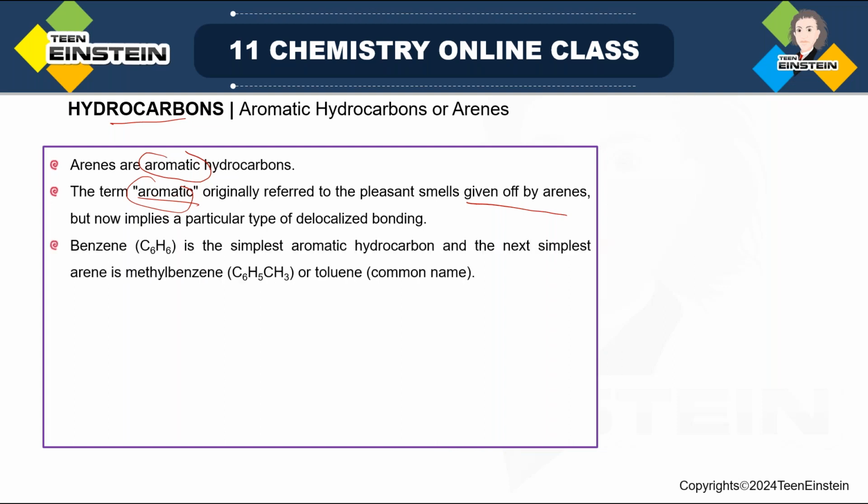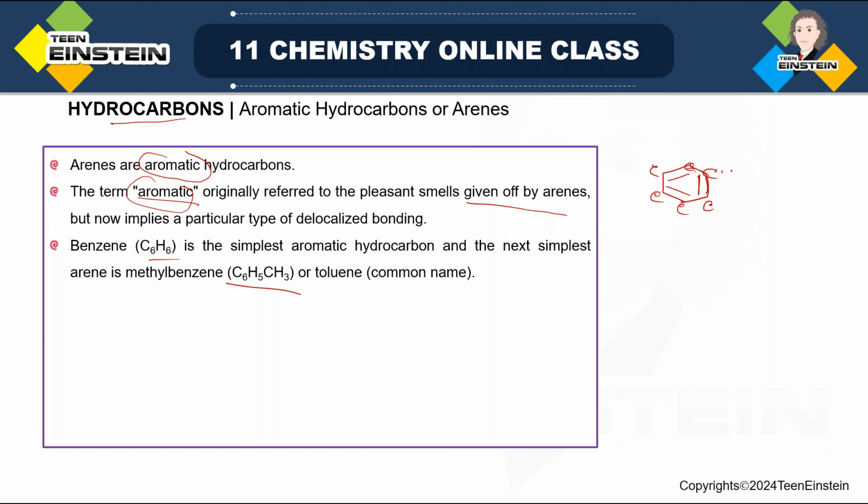So benzene is the simplest aromatic hydrocarbon. And the next simplest one will be C6H5CH3. C6H6 basically has this type of structure. Obviously, we'll go into the details of this structure, but right now this much is enough. This is C6H6. As you can see, a total of 6 carbon atoms are present, and with each carbon, there are 3 bonds.